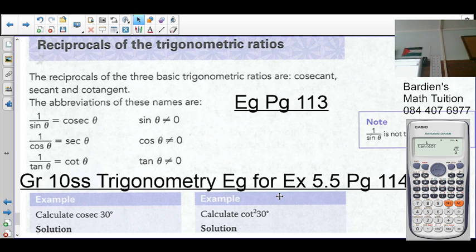So why do you think they tell you that sine of theta can never be equal to 0? Denominator can't be 0. Okay, otherwise the sum will be undefined. Okay.